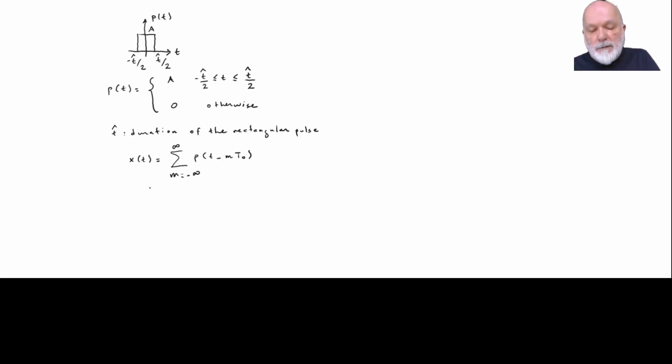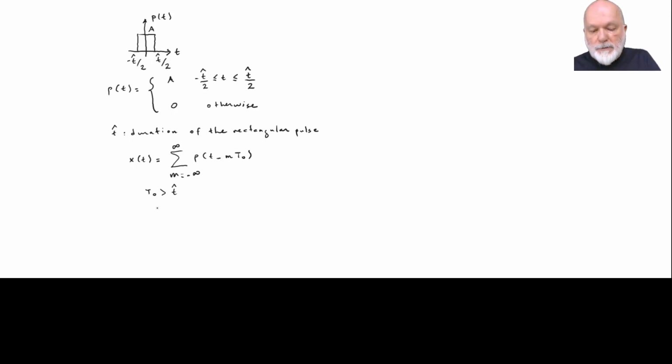Okay, and we choose t0, the fundamental period, greater than the duration, so that in the periodic repetition of the rectangular pulses, they will not overlap.